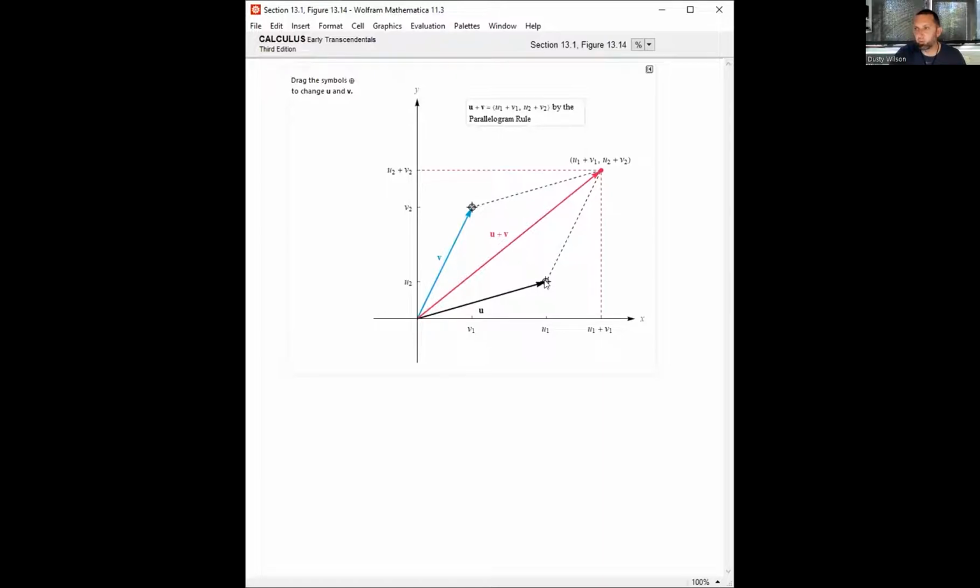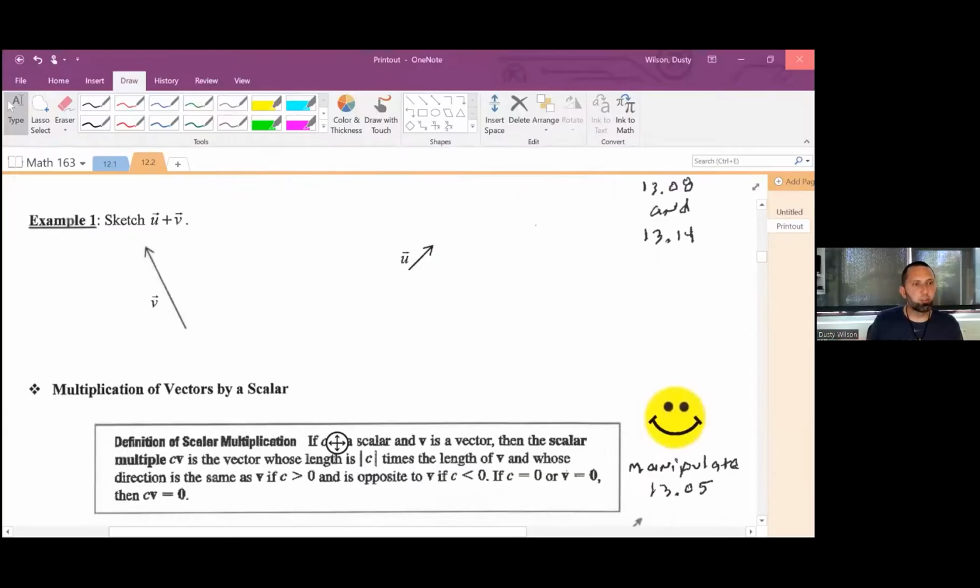u1, u2, and v1, v2, then the resultant vector would be the sum of the x coordinates, u1 plus v1, and the y coordinate would be u2 plus v2, the sum of the y coordinates. So in example 1, we want to sketch u plus v. We can sketch our little u vector, and then we can tag on a v vector.